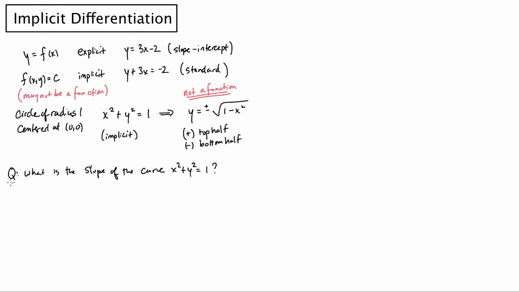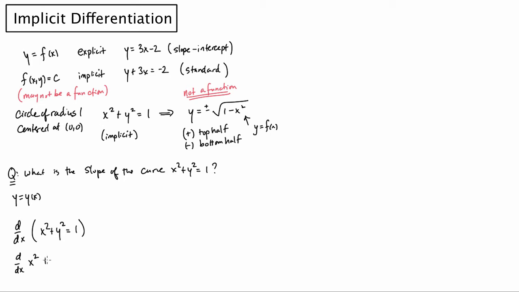Well, the way that you do this is you suppose that y is a function of x, which it is. We solved for it here. So here you can see that y is a function of x. It just happens to be two different functions of x. And the first thing that you do is you want to take the derivative of both sides of the curve. So I'm going to take the derivative with respect to x of this implicitly defined function by taking the derivative of both sides to start with.